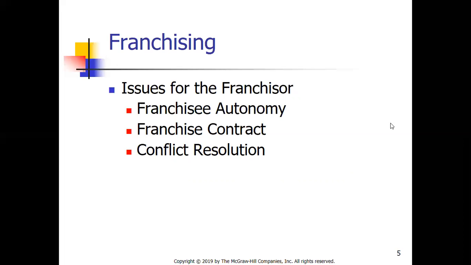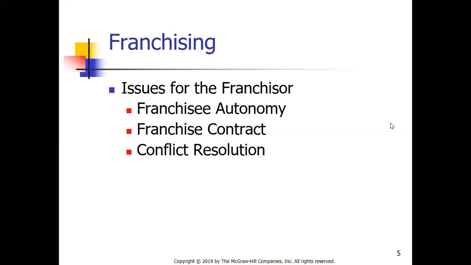So if you fail to follow a certain instruction, or you fail to follow certain procedures, it will affect the entire service delivery, and also the image of that particular franchise.